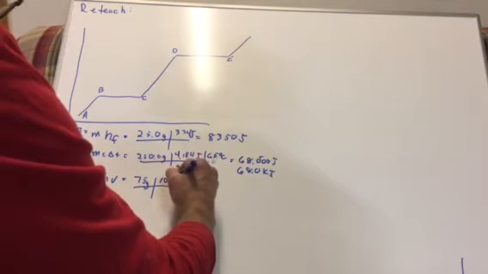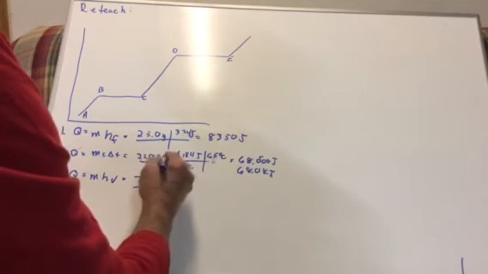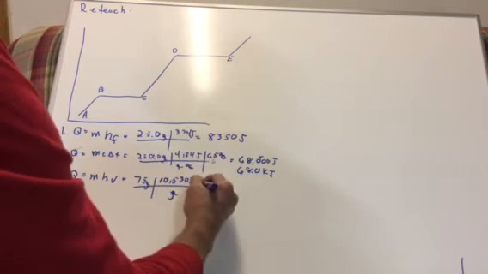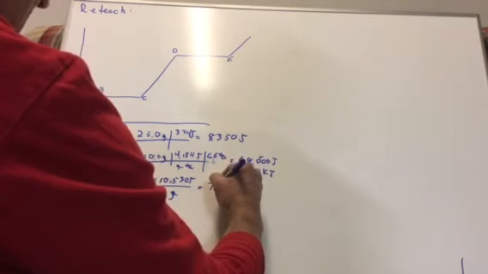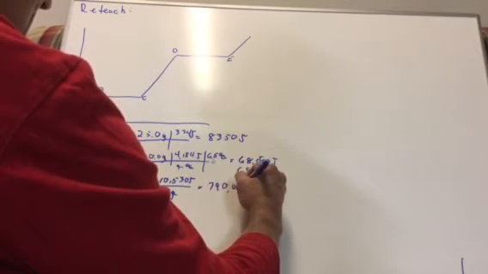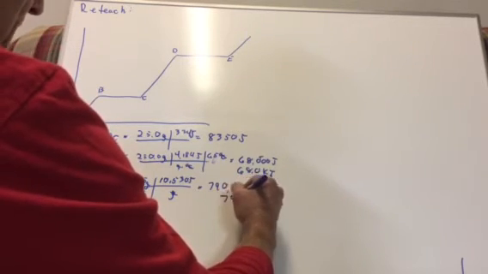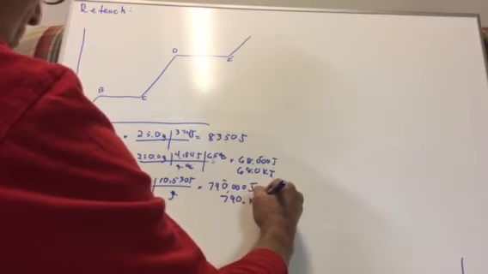It is 10,530 joules per gram. I'm not doing a good job canceling units for you. Sorry about that. And your answer then for number 3 is 790,000 joules, or 790 kilojoules.